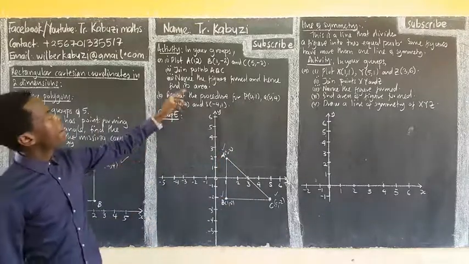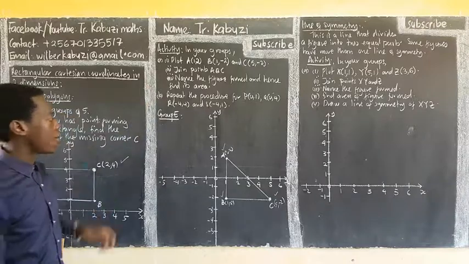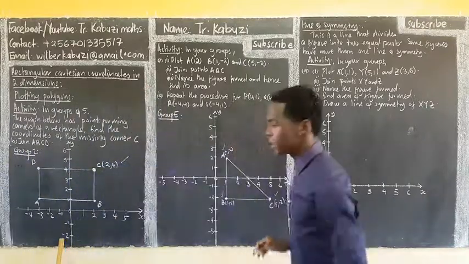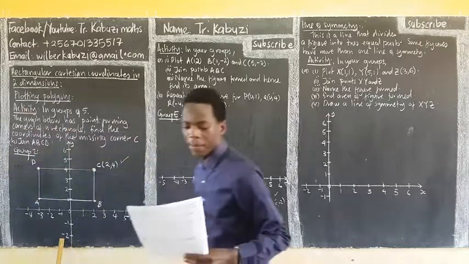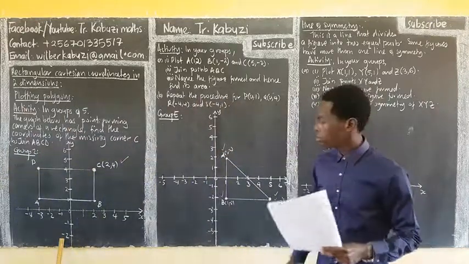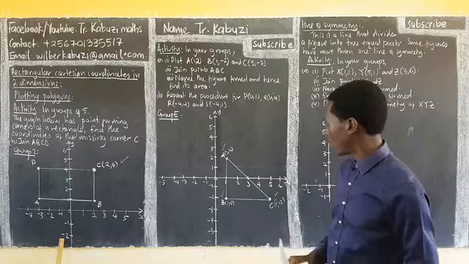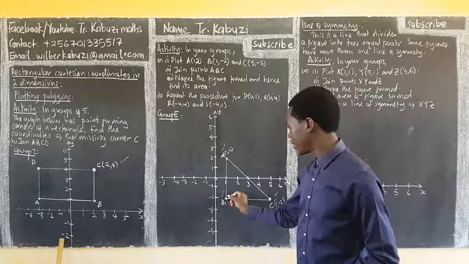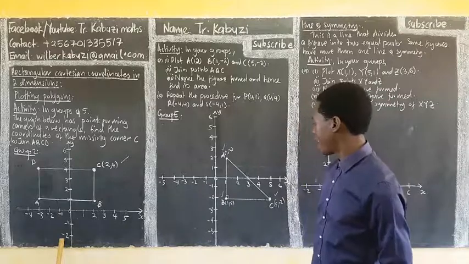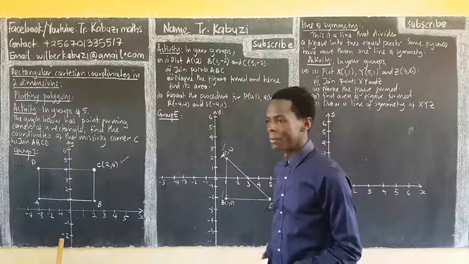Then name the figure formed and find the area. Which figure is this? They are saying right angle triangle. Okay, right angle, meaning this is supposed to be there. Oh, this is the exception.